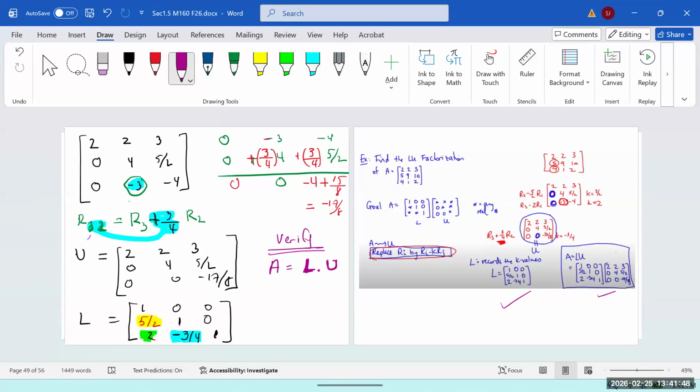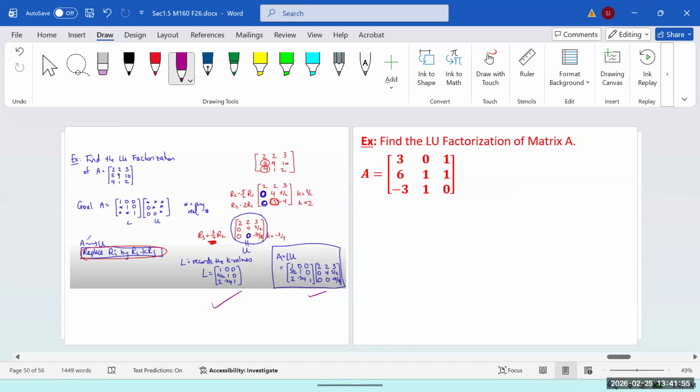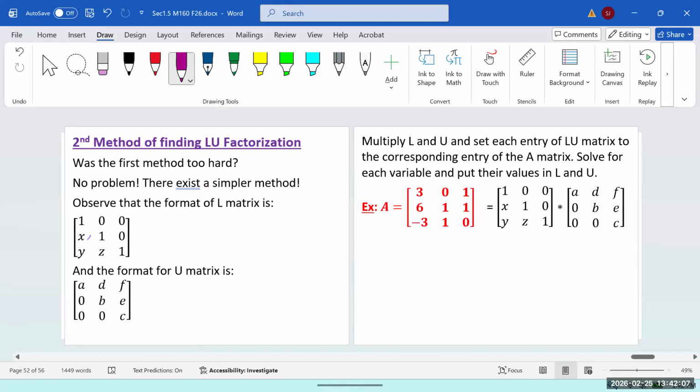Okay, so this is not the only way to find this decomposition. There is also another way we can find this decomposition, and that is using a system of equations. So, for example, here we have a matrix: 3, 0, 1 row-wise, 6, 1, 1 row-wise, negative 3, 1, 0 row-wise.